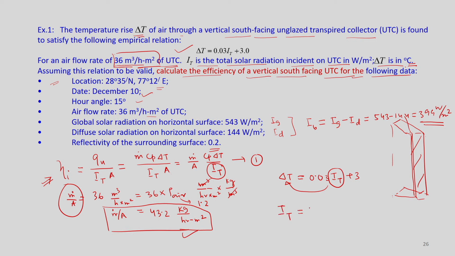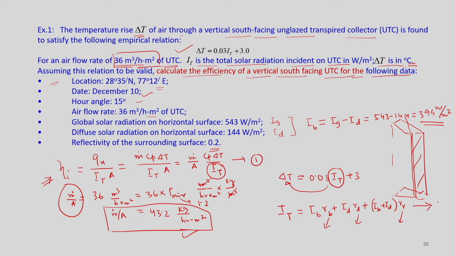So, already we know the expression for IT, this is Ib plus Ib multiplied by Rb, then we have Id multiplied by Rd, then we have Ib plus Id, then we have Rr, right. Again we have to calculate what is Rb, what is Rd and what is Rr. Okay.